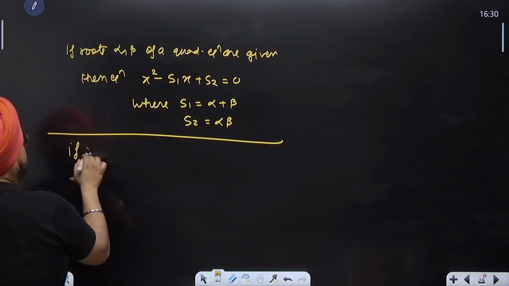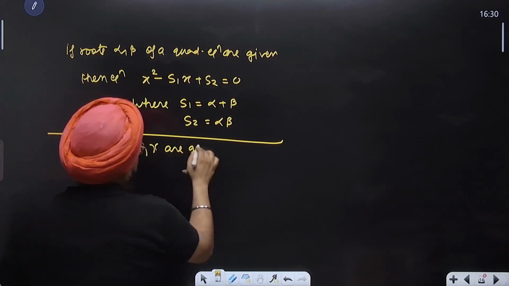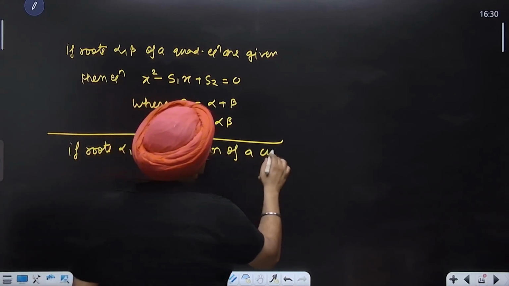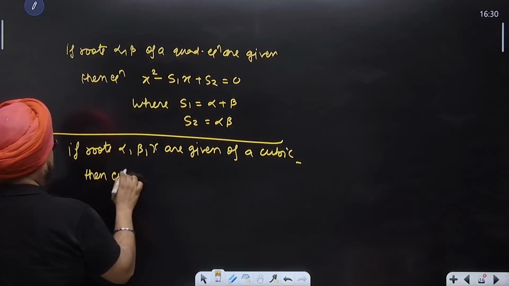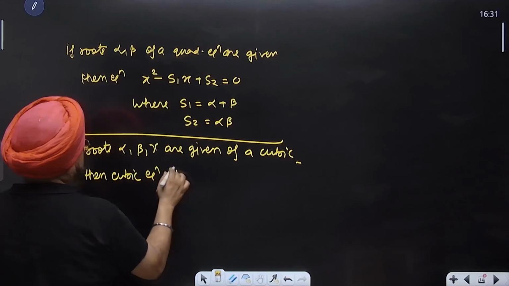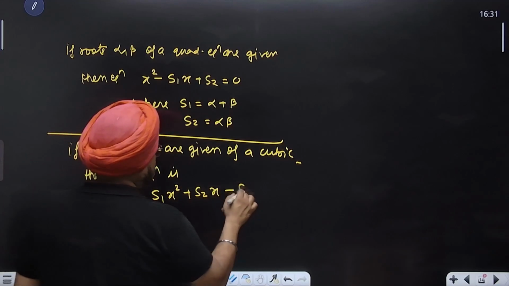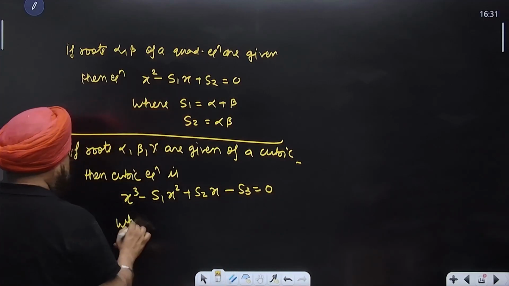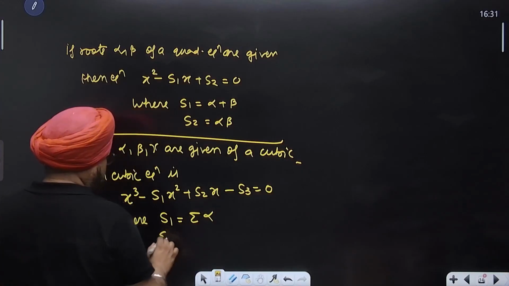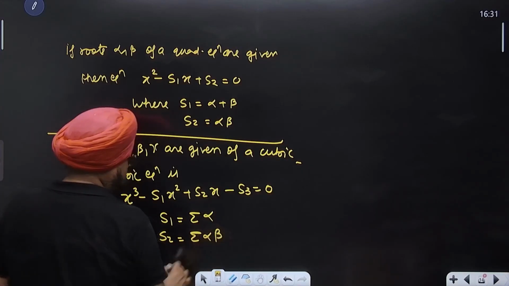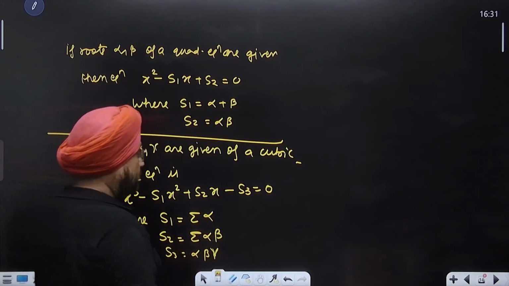This we can apply in cubic also. If roots alpha, beta, gamma of a cubic equation are given, then the cubic equation is x cube minus s1 x square plus s2 x minus s3 equal to 0, where s1 is the sum of roots, s2 is the sum of products of roots taken 2 at a time, and s3 is the product of roots.